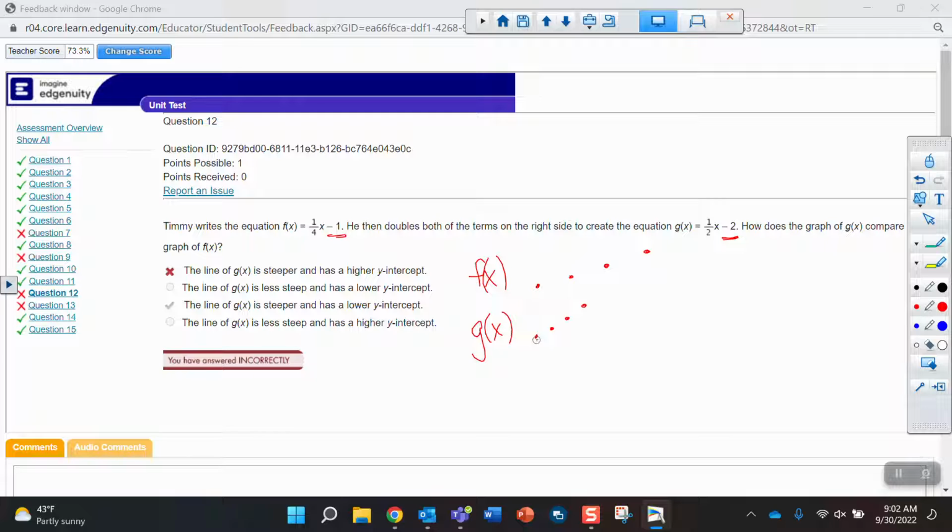You can see that this line is going to be steeper than this one because you're running farther horizontally here. So the right choice is that g of x is steeper. The bigger the slope, the steeper the line, and 1/2 is bigger than 1/4. And it does have a lower y-intercept, because -2 is lower on the graph than -1.